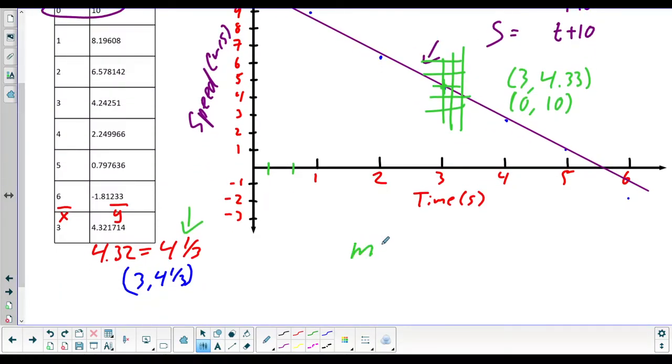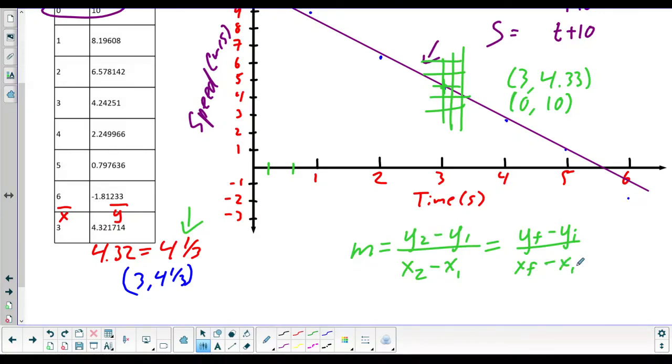Our slope formula is m equals y2 minus y1 over x2 minus x1. The other way I like to think about this is y final minus y initial, because in physics we often want to distinguish between where we start and where we end. So final and initial are sometimes a little bit better than 1 and 2.